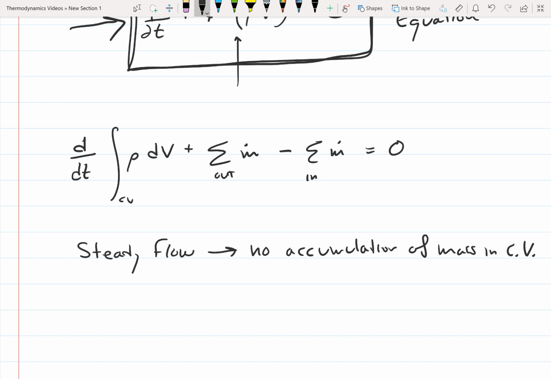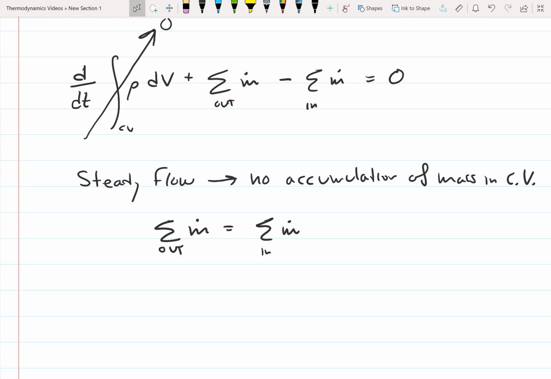At every point in time, the mass that you have in the control volume is the same. So that means that this term is equal to 0. So what that means is that your mass flow out is equal to the mass flow in.